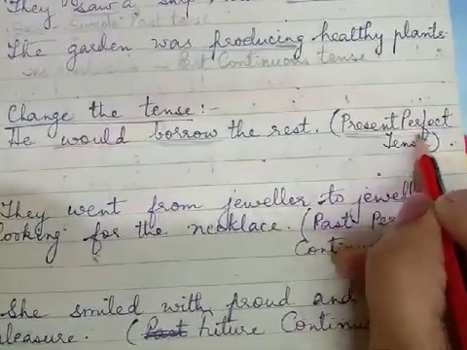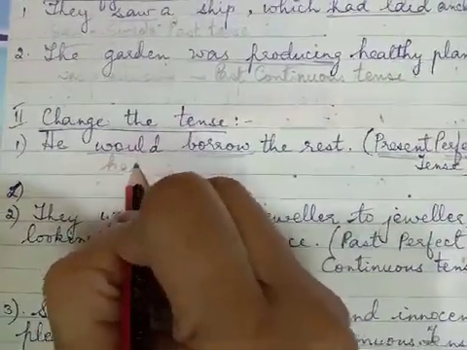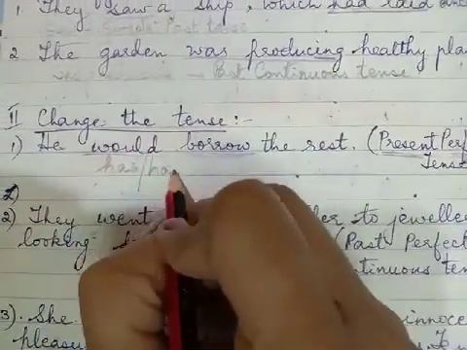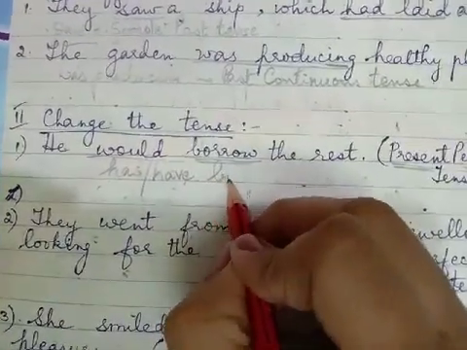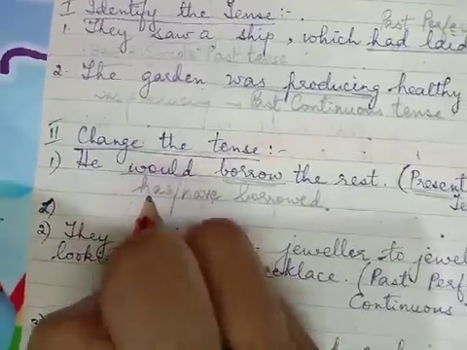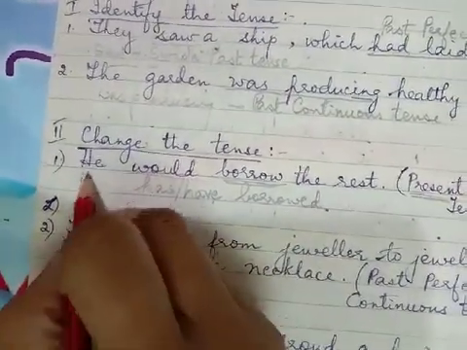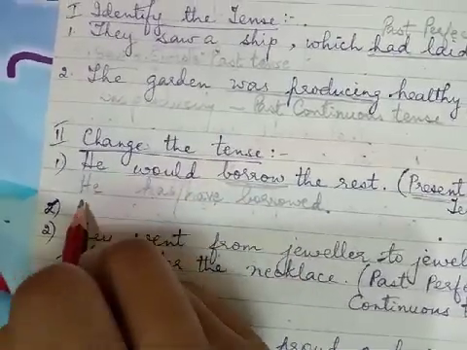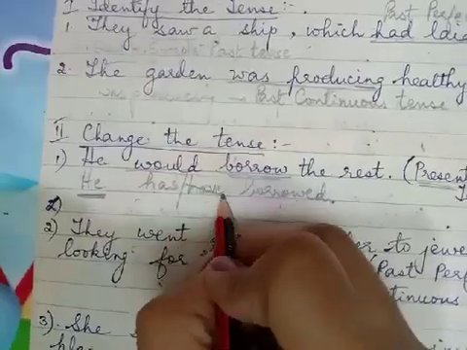Now how will you first change the tense? Present perfect would be has or have. Borrowed. Now we have to see whether has will be more correct or have will be more correct. Agreement of the verb with the subject. We have to look at the subject. He has borrowed the rest. So we cannot write have.